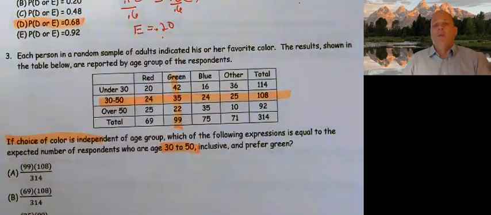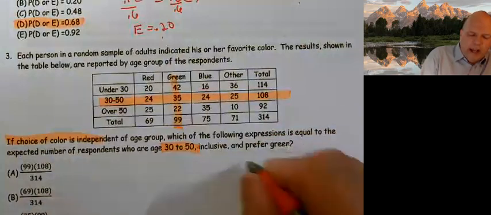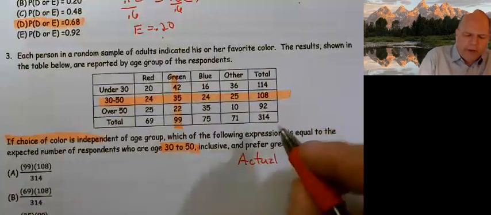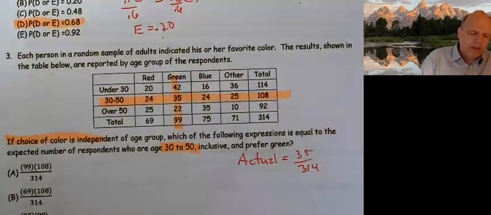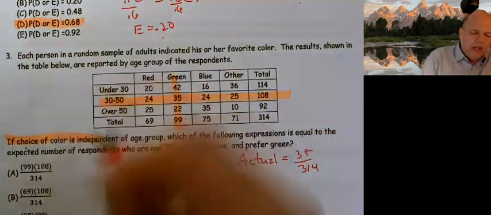Okay, so reality is what actually happened. The actual is we have 35 out of 314. But they said if, in other words, they want to pretend that they're independent.